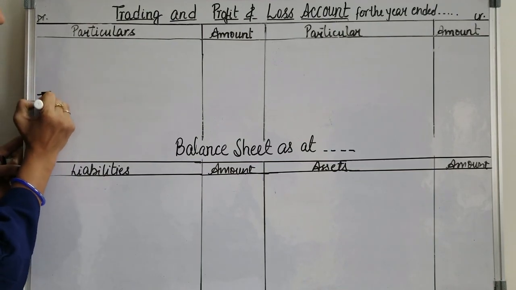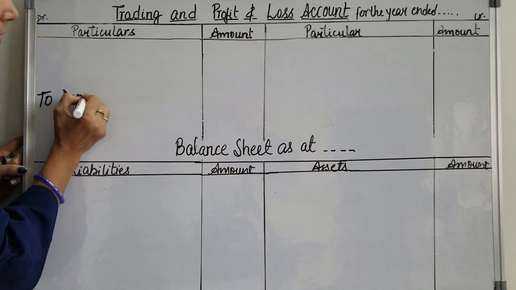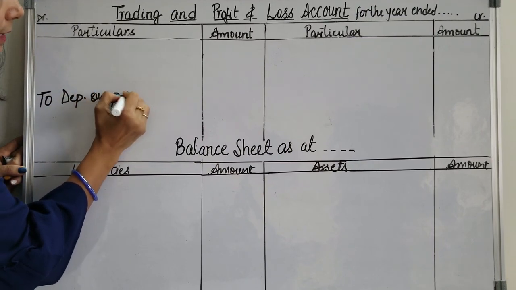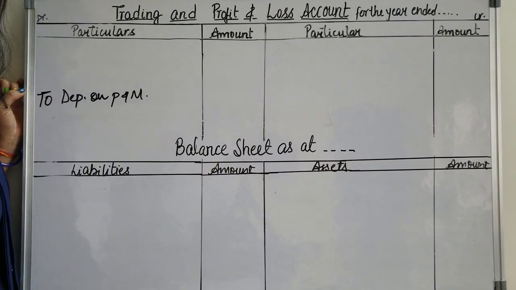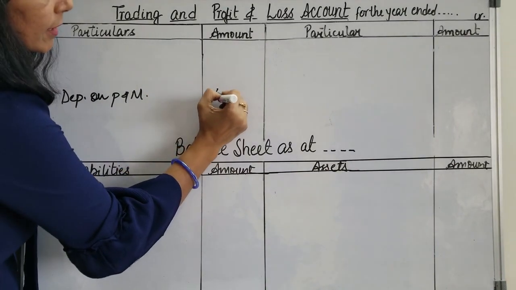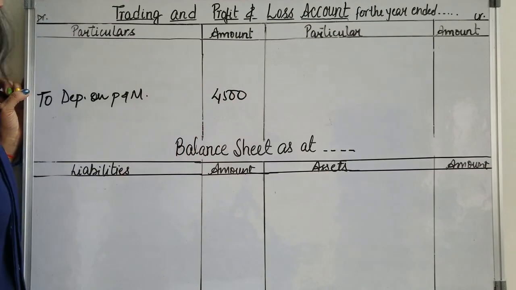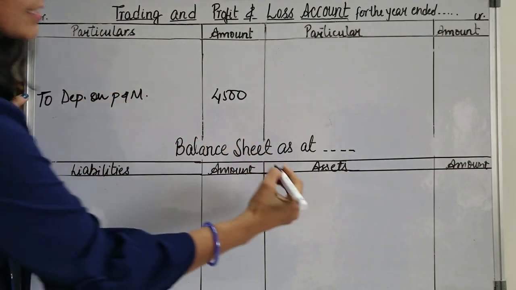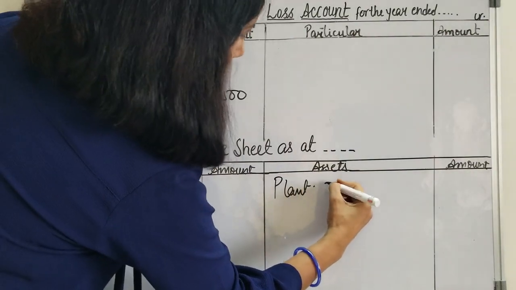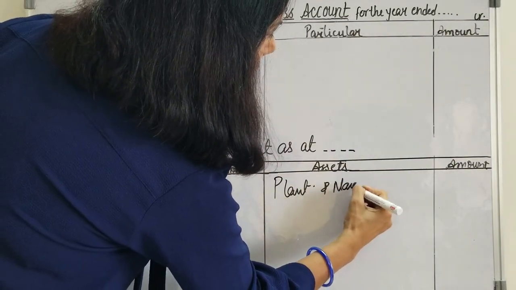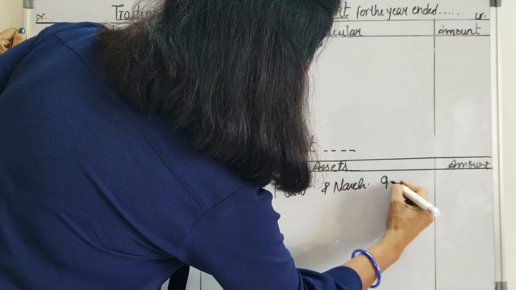So we'll record it like to depreciation on plant and machinery. 5% of 90,000 comes to 4,500. So we will record it here, and then on the asset side of the balance sheet, this amount of 4,500 will be deducted from the value of plant and machinery.